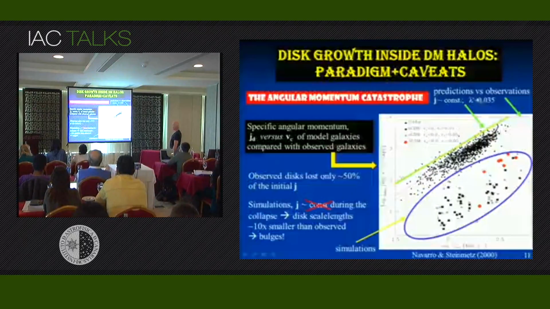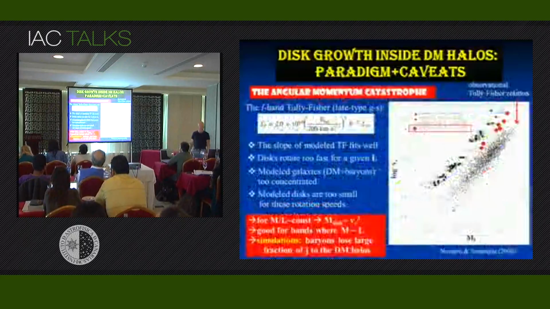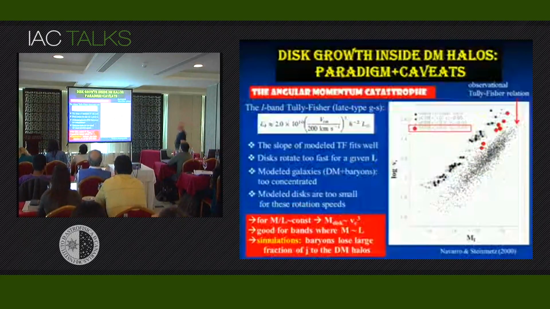And the observations are squeezed between this and this. And it's kind of an average with lambda prime 0.035. Again, the discrepancy between so-called theory and observations is not so bad. Well, maybe baryons lose a factor of 2 or less of their specific angular momentum. But it's clearly contradicted by numerical simulations.